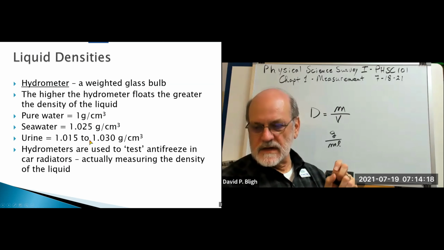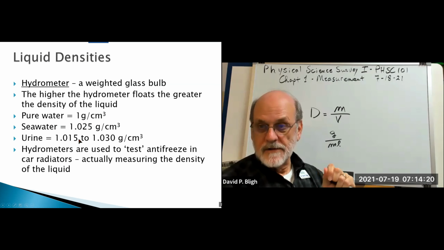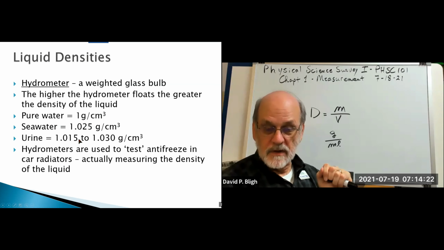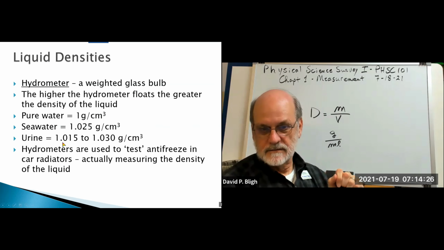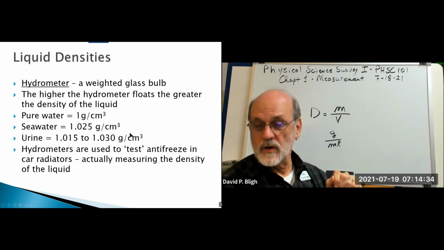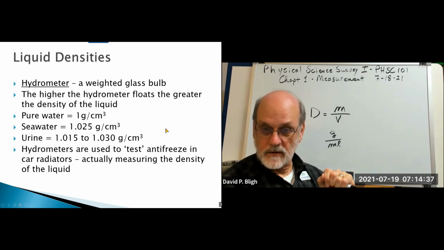When you give the doctor a urine sample, one of the measurements they perform is a measurement of density, right? For a healthy person it's typically between 1.015 and 1.030 grams per cubic centimeter, grams per milliliter.